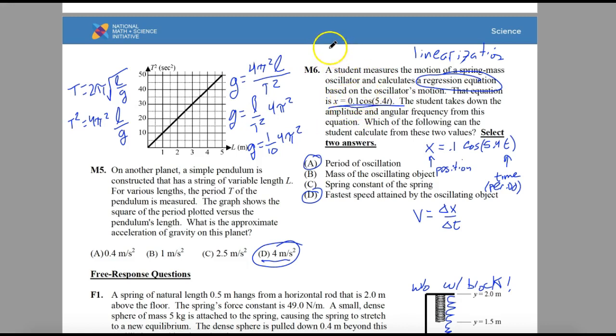In this equation, on the AP Physics equation sheet, when you take a look at that, you will see that that equation, and I'm going to grab one of these, is a cosine of 2 pi ft. Okay, so this is going to be 2 pi frequency times the time.